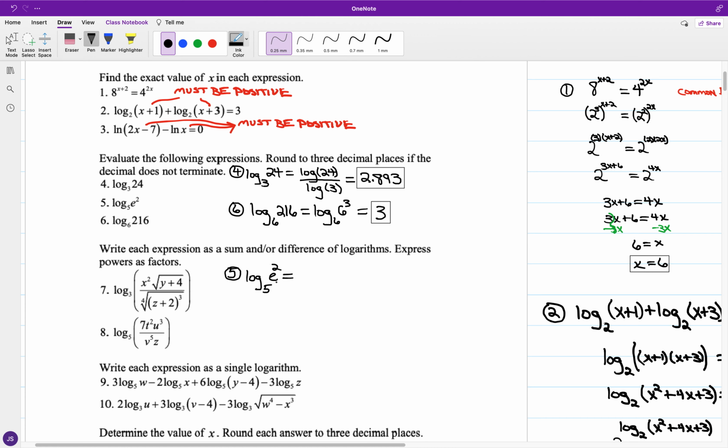And if you notice, e is in reference to a natural logarithm. Let's say using natural logs, the natural logarithm of e squared all over the natural logarithm of 5.